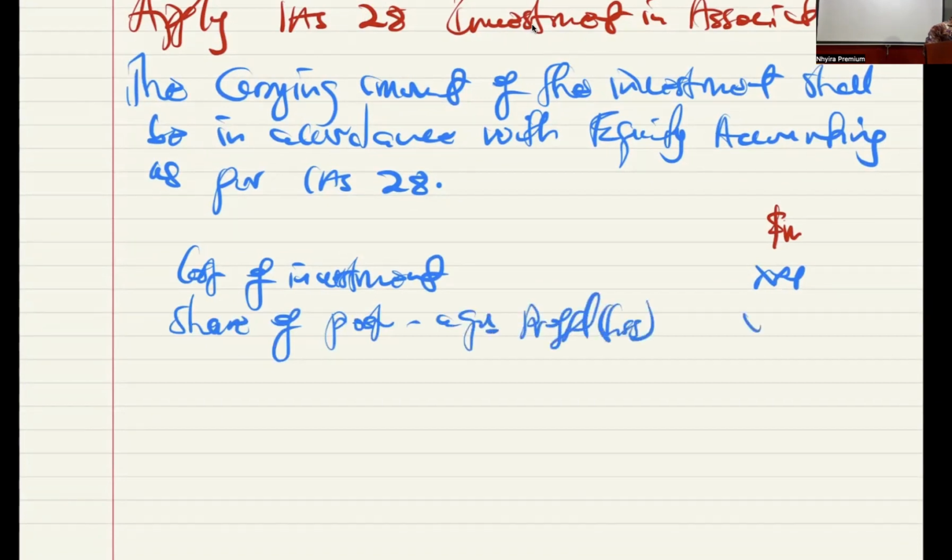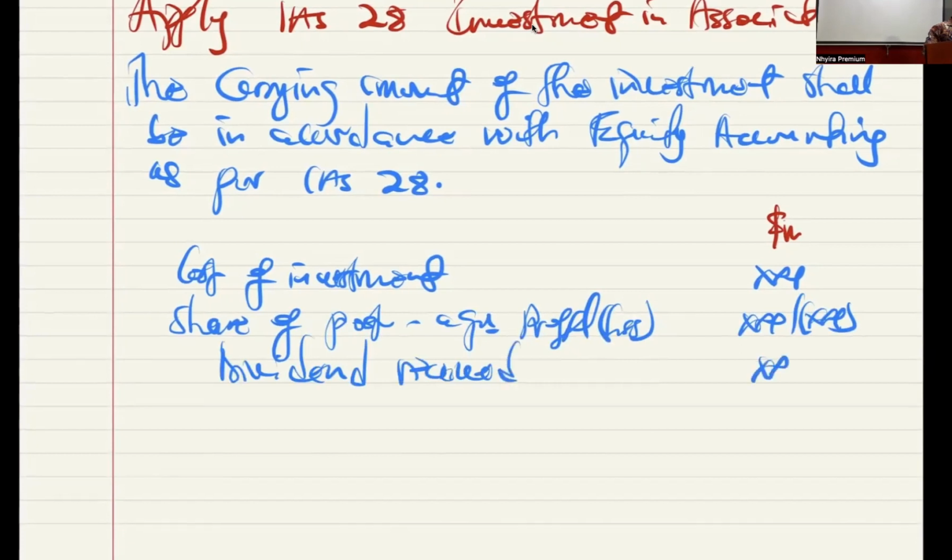If it is a loss, we're going to be subtracting. If it is a profit, we're going to be adding. Any dividend received will be deducted from the carrying amount of the investment. Next, some investments may suffer impairment, like what Andrew asked yesterday about impairment in financial assets.